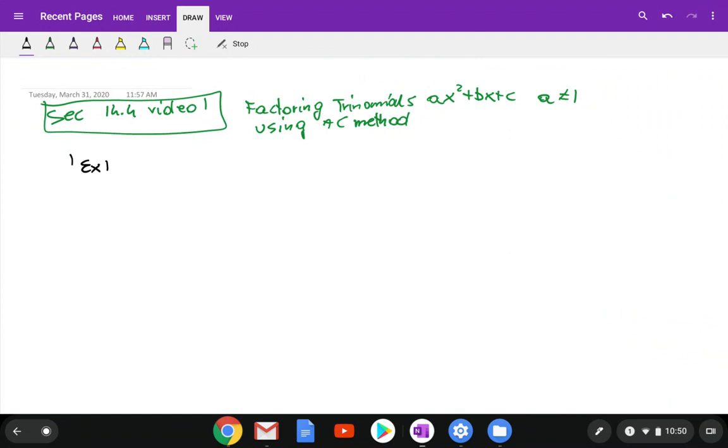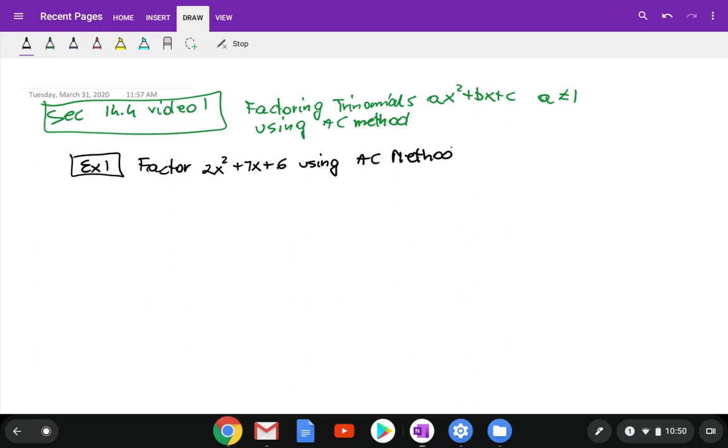Example 1. Factor 2x squared plus 7x plus 6 using the AC method.